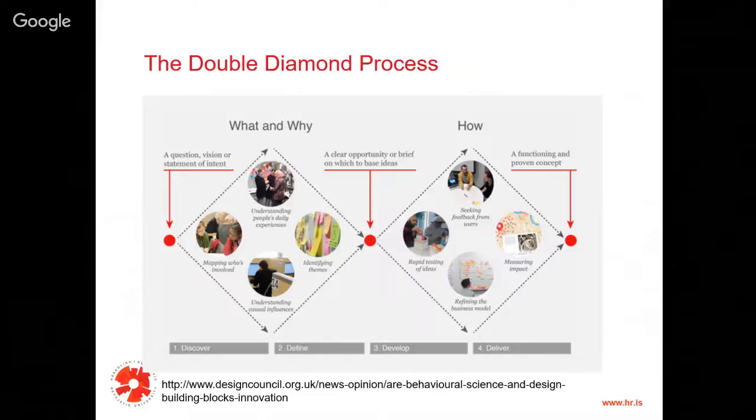So we have really covered the first diamond. And now we have a clear opportunity or brief on which to base the ideas. And from now on, you will be doing prototyping and opening up the next diamond. And it starts by walking the wall.